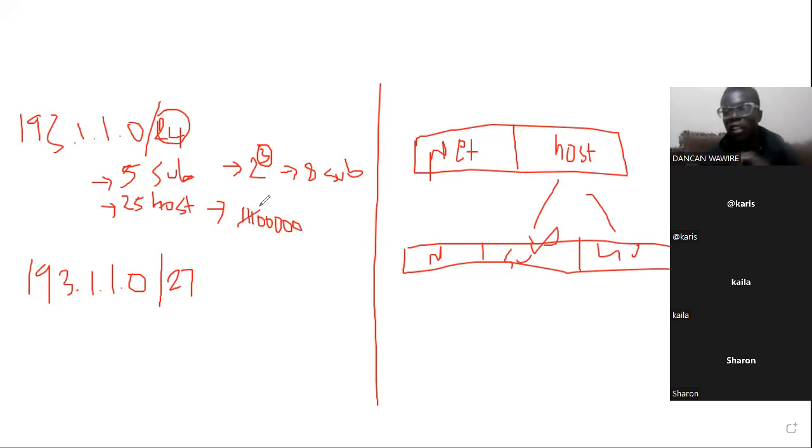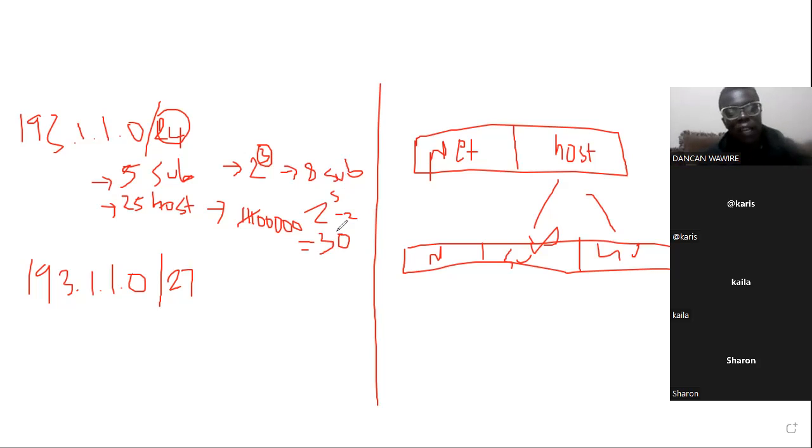So hizo 3 they will never be under host. They will be under subnet number. So tumebakisha only 5 bits for host. That means allow a maximum of 2 to power 5 host minus 2. 2 to power 5 is 32, minus 2. That is 30 host. So each subnet itakuwa inachukua 30 host.